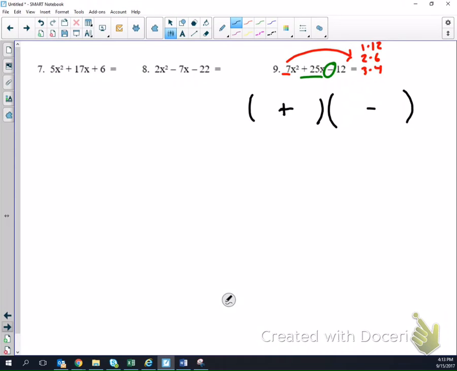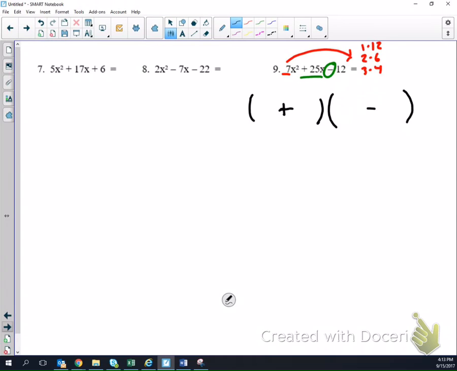So 7 times, and I need to get a 25. They're going to subtract, so 7 times 1 is 7 minus 12. Nah, it didn't really work. 7 times 12, I'm going to get a big number and minus a 1. No, that doesn't work. 7 times 2 is 14 minus the 6.